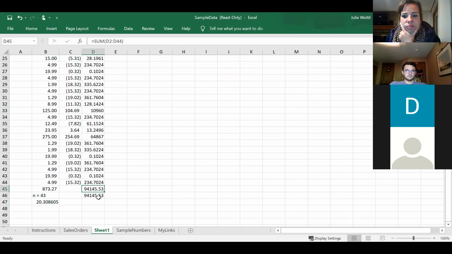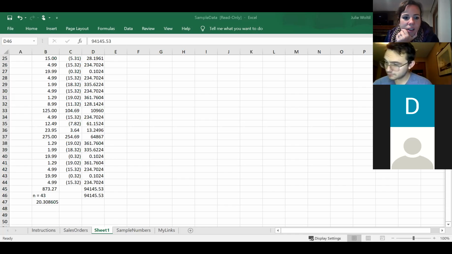Wouldn't you take that number and divide it by 43 minus 1? Yeah, so we're still doing the minus 1. I feel like did I lead you guys astray with that? Yeah, the minus 1 is in the original equation. The last lab we did for standard deviation, you had minus 1 in the denominator of that.